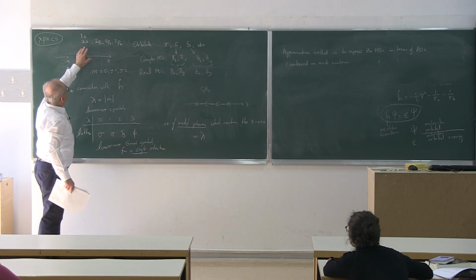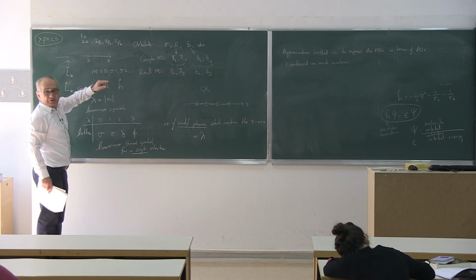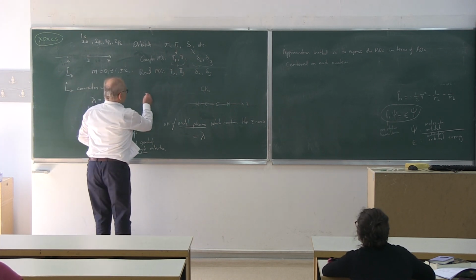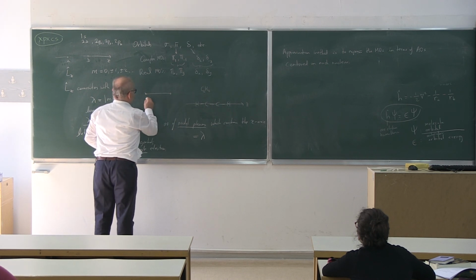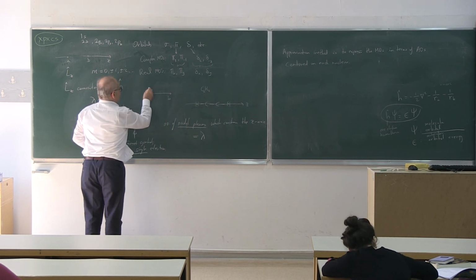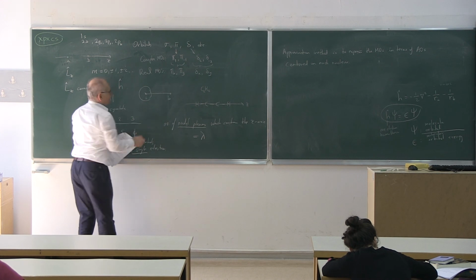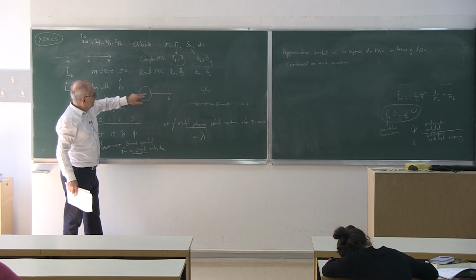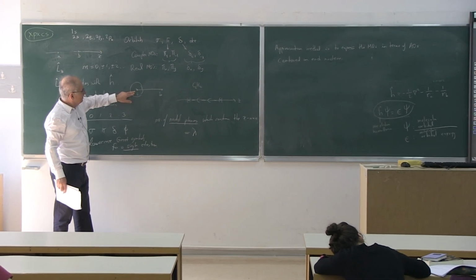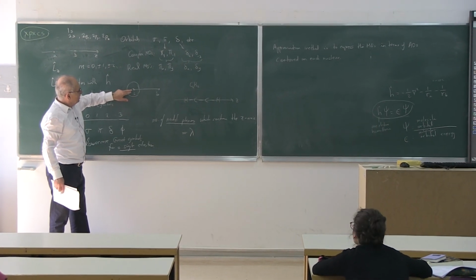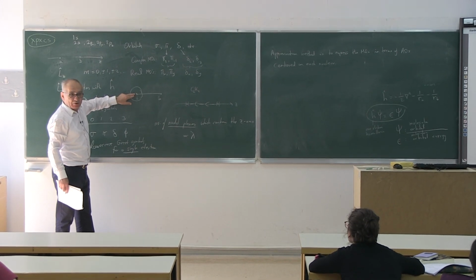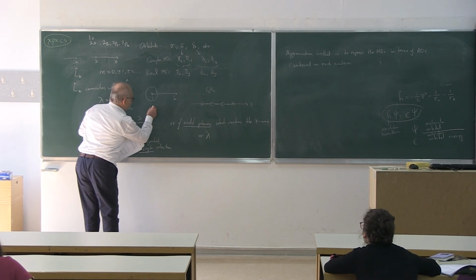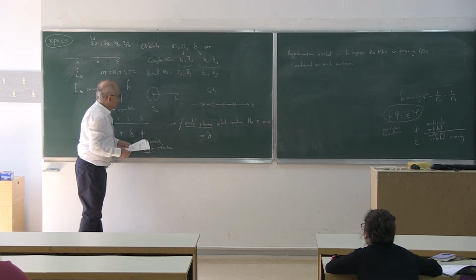An atomic orbital centered on nucleus A means something like this. Say an s orbital is indicated by this polar graph, and this is an s orbital which is centered on center A. This one we indicate with the symbol s sub A.